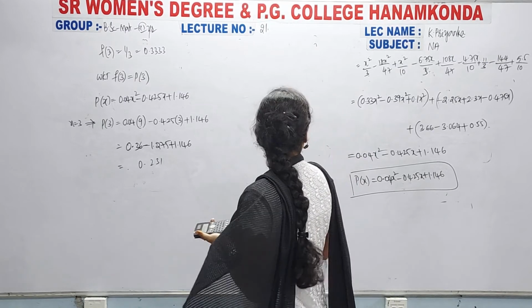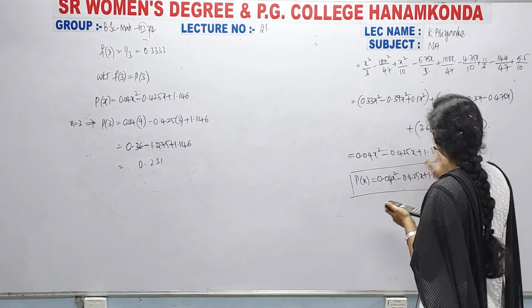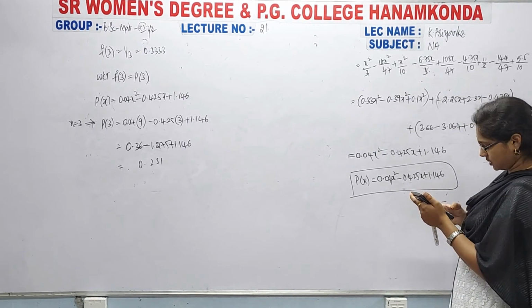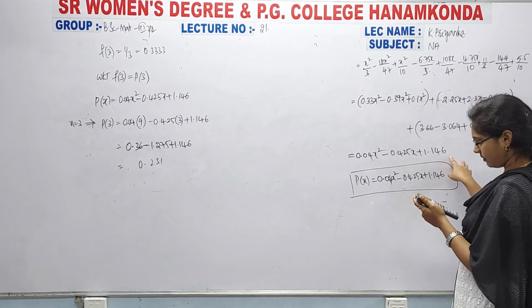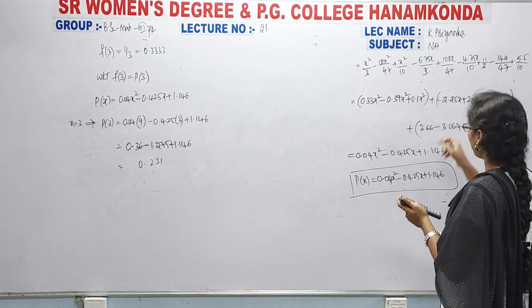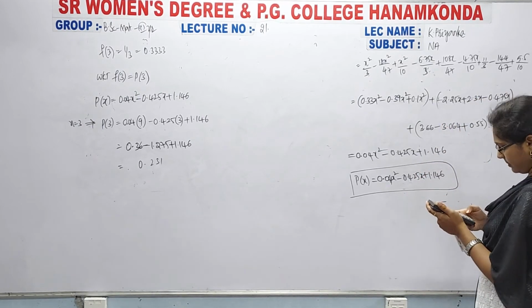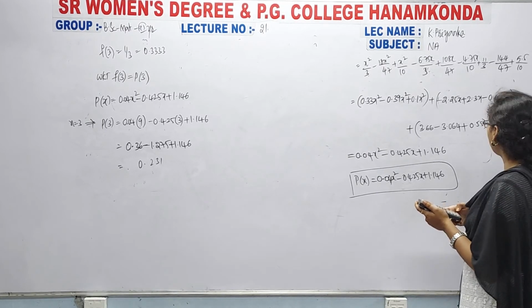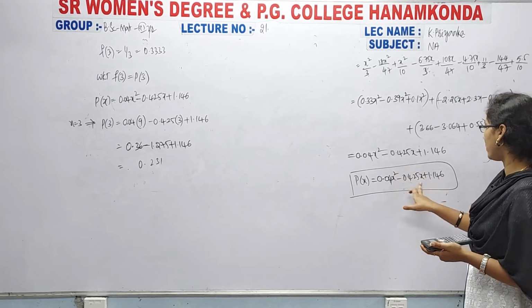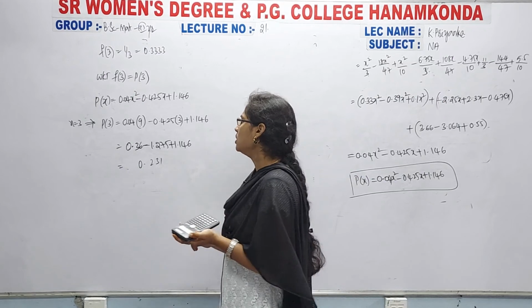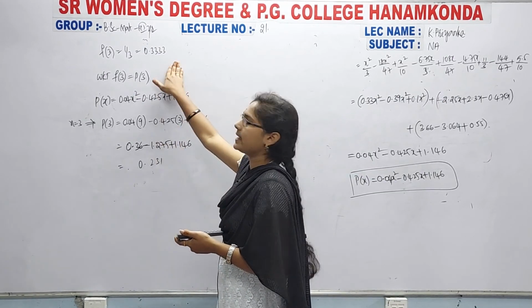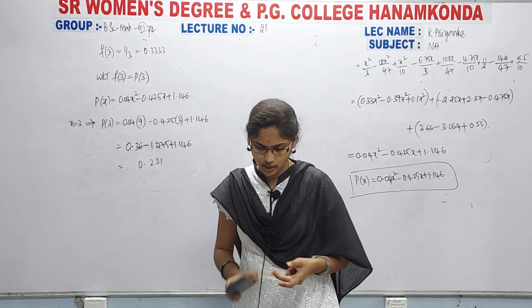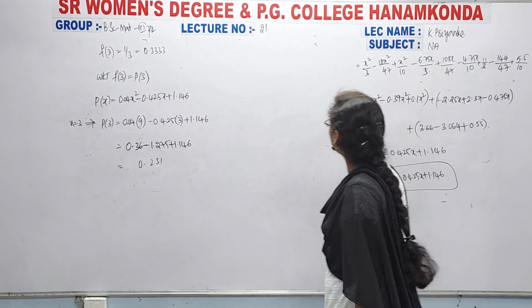Somewhere I am making a mistake. The exact value is 0.23, but I have 0.231. I took a round off, so please check these values. Here I took it as a round off.